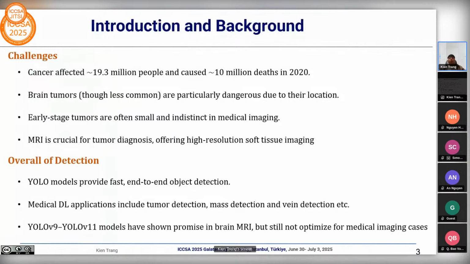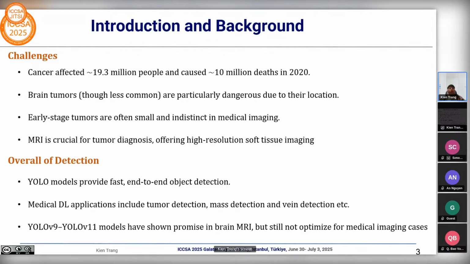Cancer is one of the leading causes of death globally, and brain tumors, whether primary or secondary, pose a serious health risk due to their potential to impair vital functions. MRI remains the gold standard for diagnosis, yet an early tumor can be too subtle for manual detection.